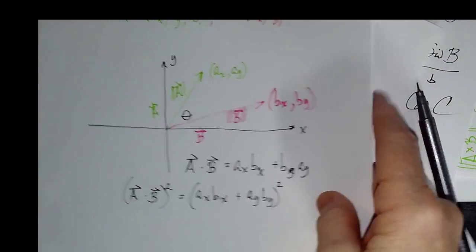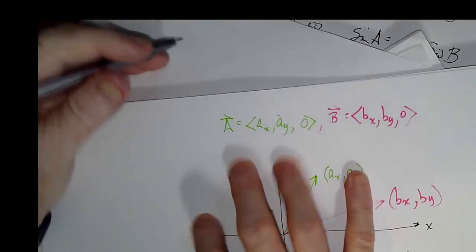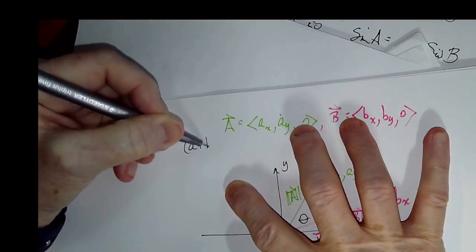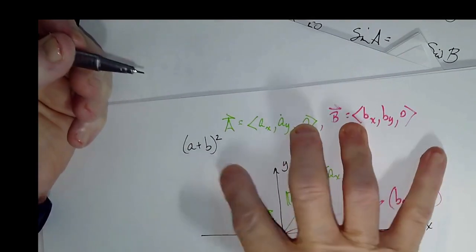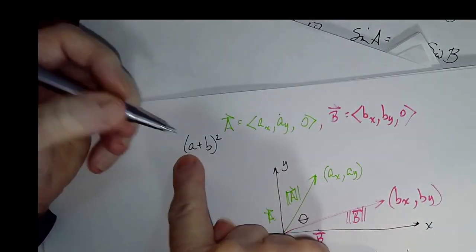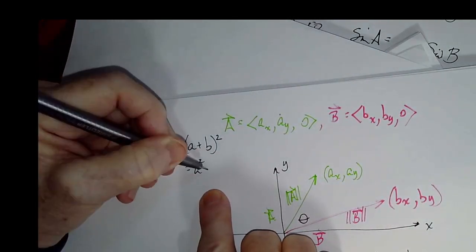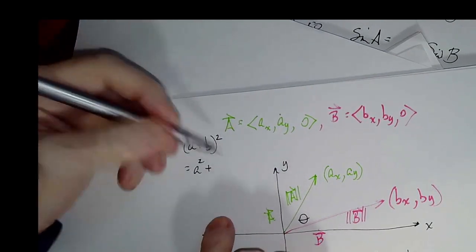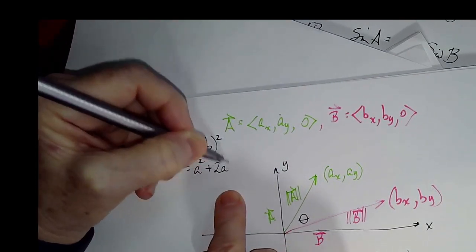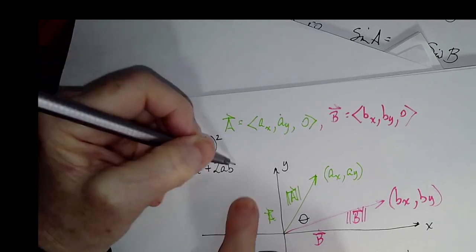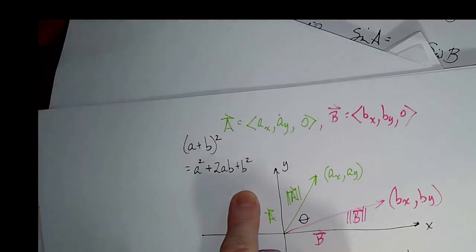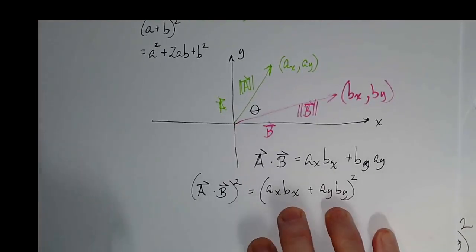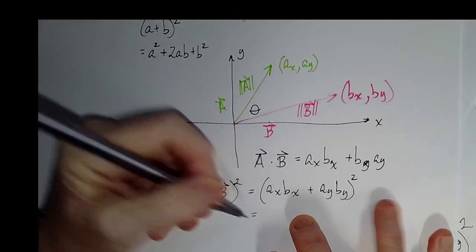And let's just remind ourselves how to find the square of a binomial. It's the first thing squared plus A times B times 2 plus B squared. So I'm going to use that rule to square this more interesting binomial.